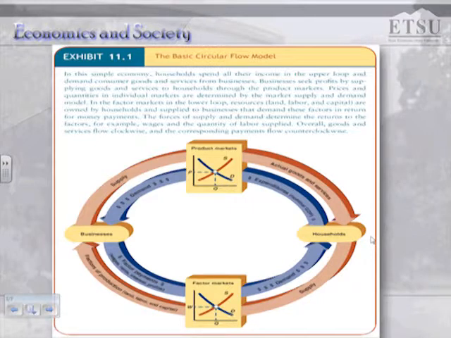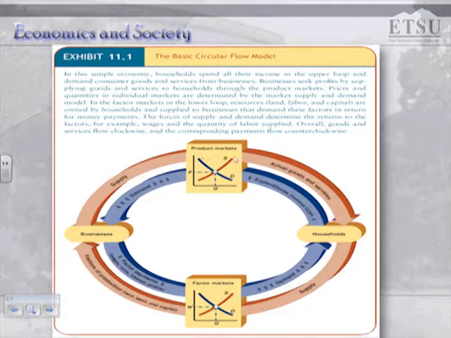They sell those resources, and the resource markets are here called factor markets, to businesses. So you live in a household, you own your labor, and you sell that labor for a wage in the resource or factor market to a business, and the business uses that to produce a good or service that is then supplied in the product markets.